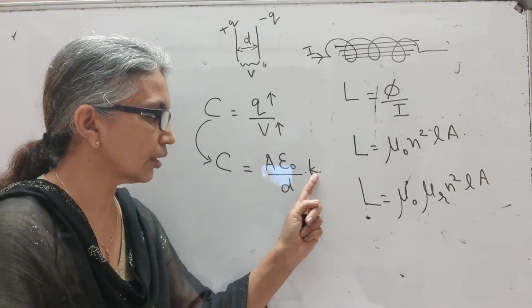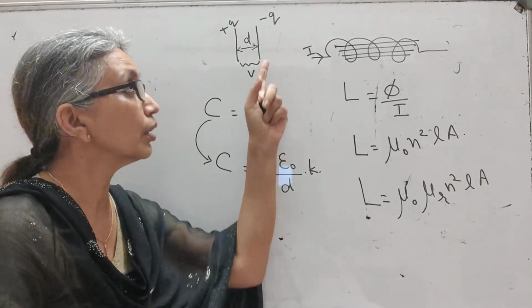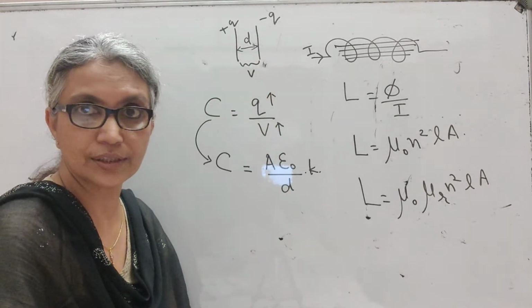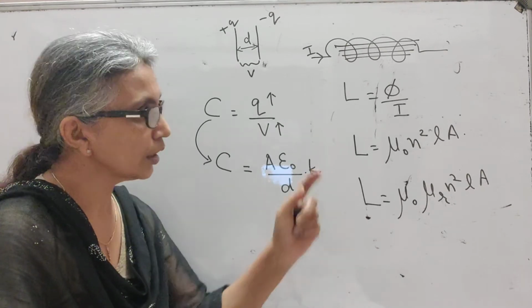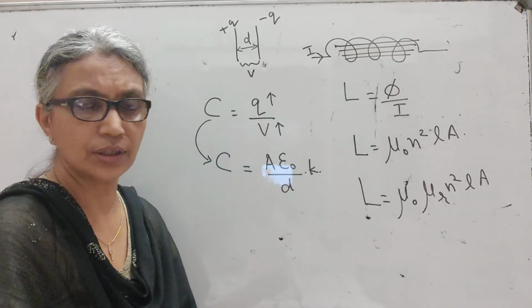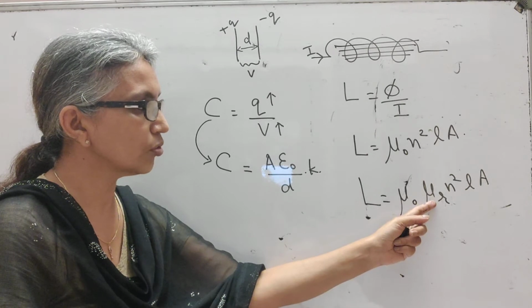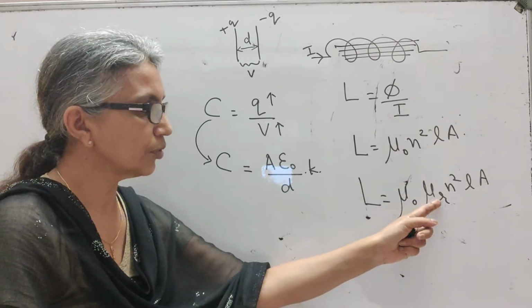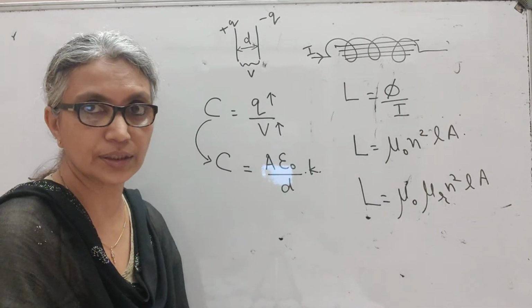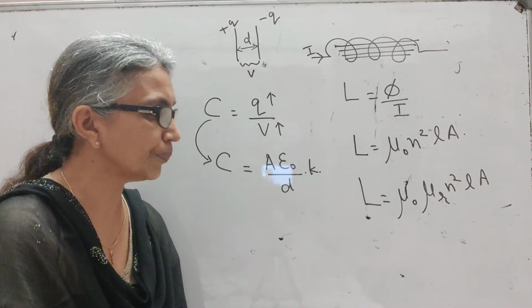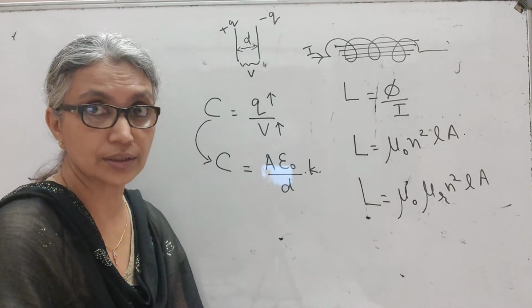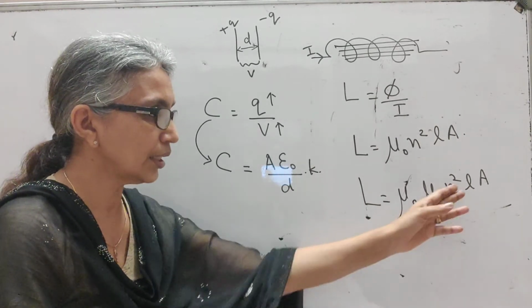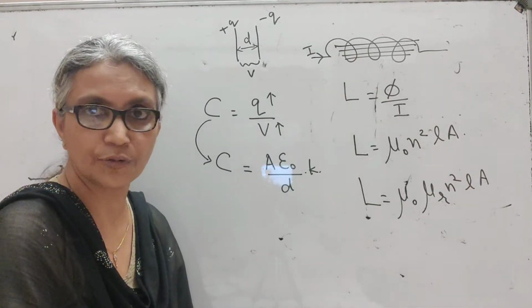So just like K here, which is the dielectric constant of the dielectric that you have inserted between the plates of the capacitor, if you insert an iron rod, then the relative permeability also will come here. So mu 0 is the permeability of free space, mu r is the relative permeability of the material inserted within the core, n is the number of turns per unit length, l is the length, and A is the area of cross section.